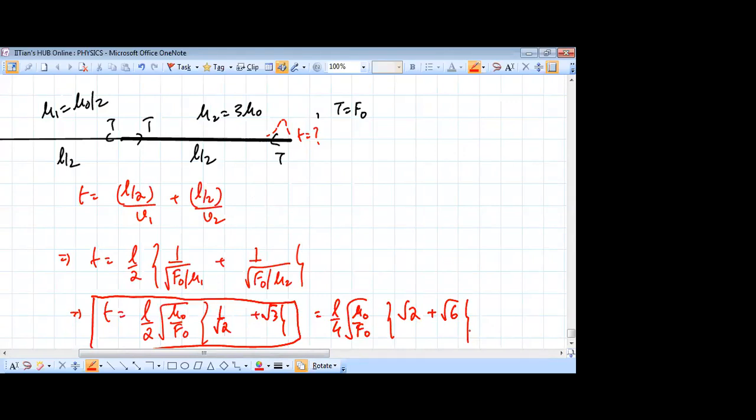No, something is wrong. That is not correct. No, that's not correct. So that's not the correct answer. The correct answer will be this one.